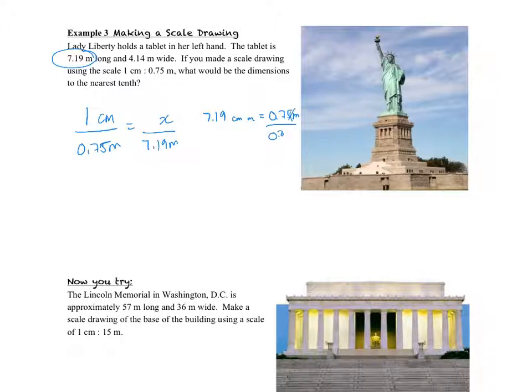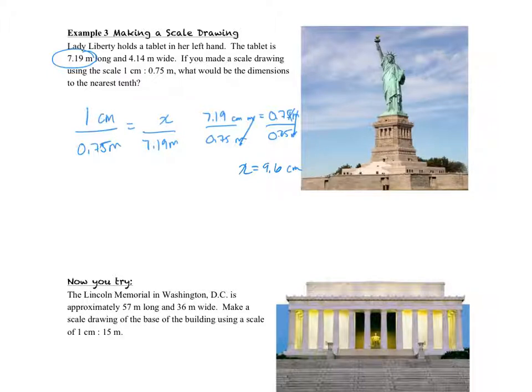Divide both sides by 0.75 meters. And so we end up with some amount of centimeters. X is about 9.6 centimeters.